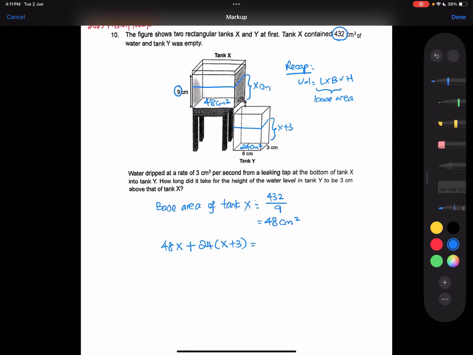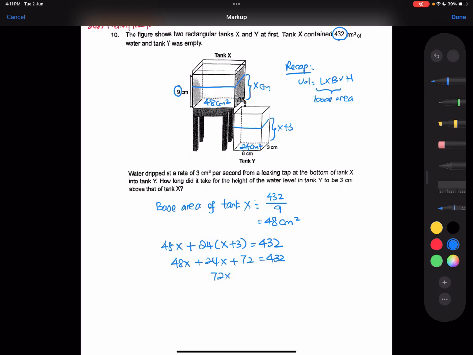Before we expand, this is 432, the total volume of water. Now we can do our expansion. 48x plus 24x plus 72 equals to 432.